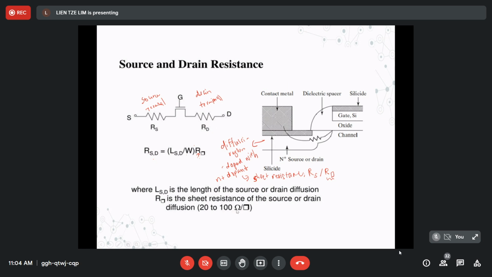The values here will change depending on the material used. They vary based on the material.